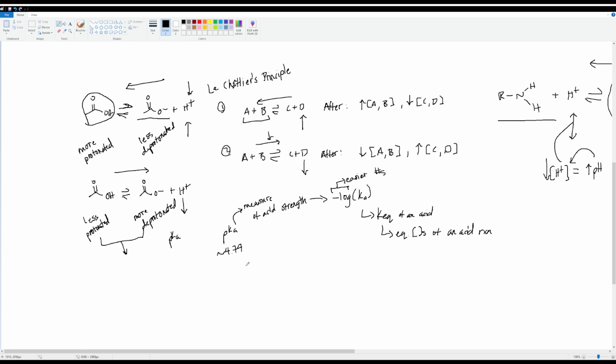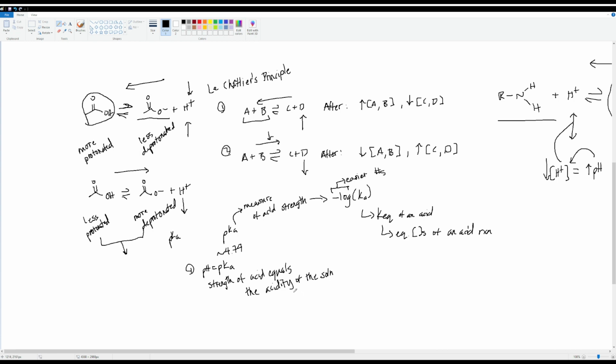Okay. So when we have our pKa equal to our pH, so our first step is pH is equal to pKa, or pKa is equal to pH, what we're saying is the strength of the acid equals the acidity of the solution.